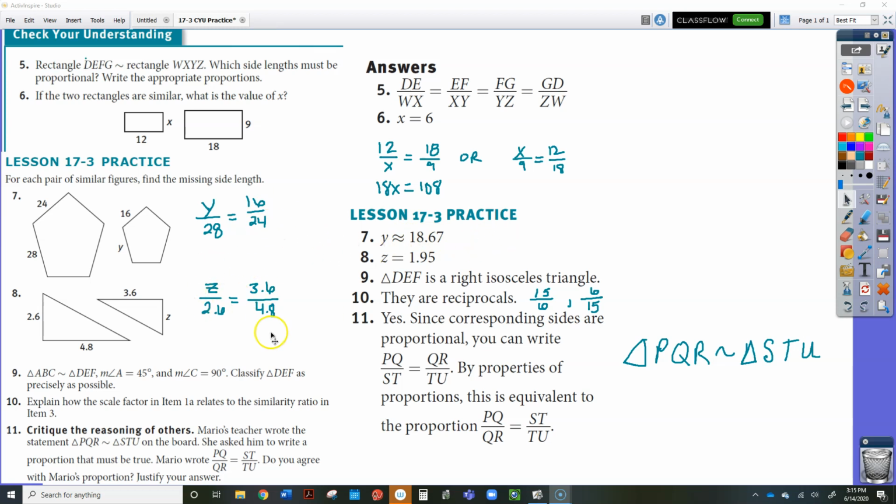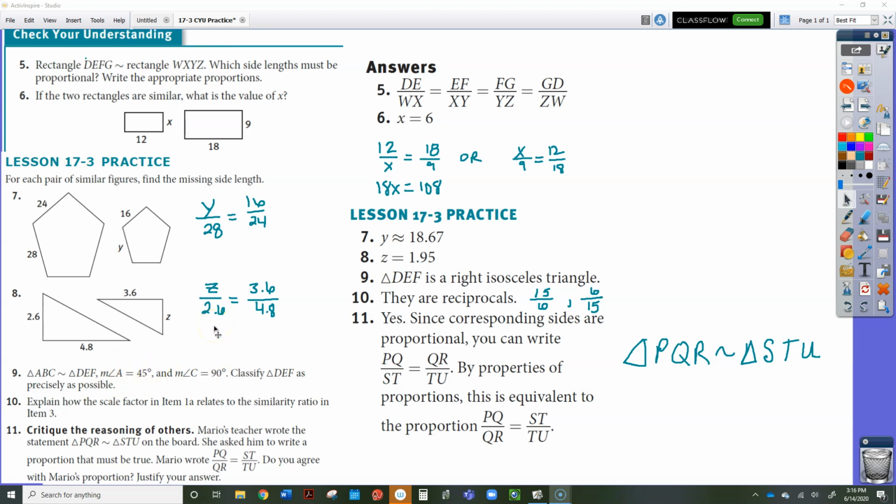Same thing with number 8. Number 9 says, in this triangle, the measure of angle A is 45 and the measure of angle C is 90. Classify DEF as precisely as possible. If it's a 45-90 triangle, then the other angle has to be 45.